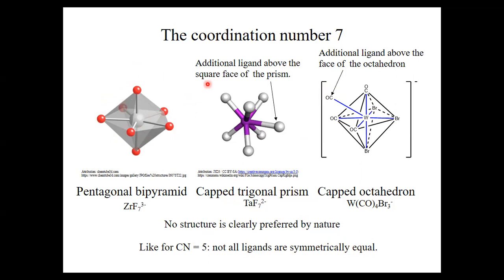So here, for the capped trigonal prism, we have actually 3 different kinds of ligands. So the 7th ligand, of course, is separate, but here we have these 4, okay, that are related in this case by a 4-fold axis. But in addition to that, we also have these two here.